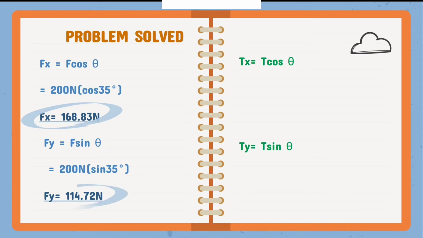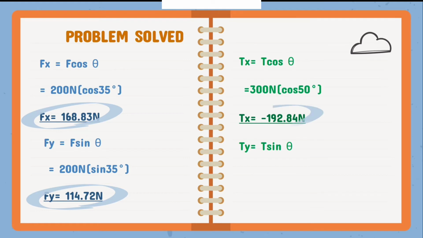114.72 Newton. The next is Tx is equal to T cosine theta, is equal to 300 Newton multiplied by cosine of 50 degrees. The answer is negative 92.84 Newton, and it is negative because the x is in the left corner.